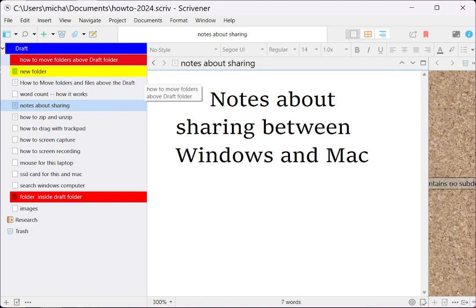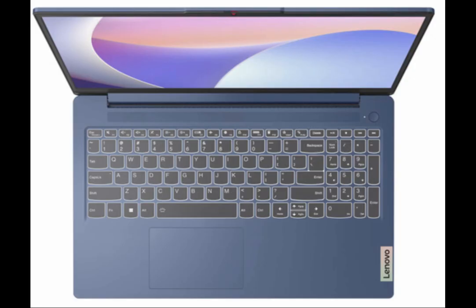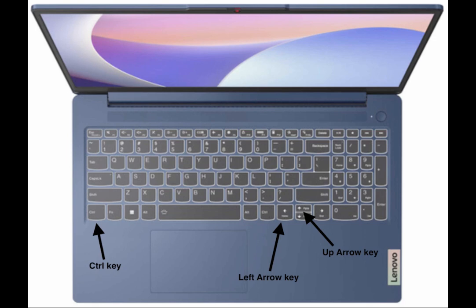So what we want to do now is go to our laptop computer or desktop. And because we're going to do it with the keyboard, that's the only way to move these files, with the keyboard keystrokes. And now on your laptop, you're going to need the Control key and first the left arrow key and then the up arrow key. So it's a two-step process.